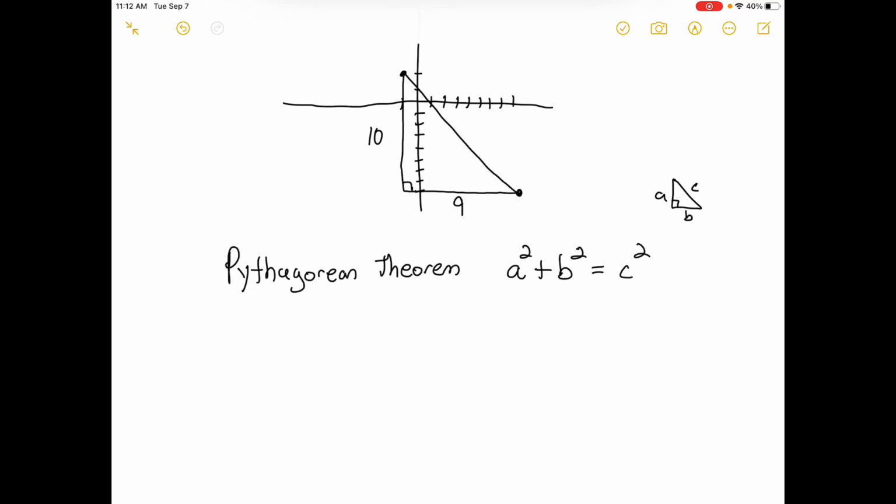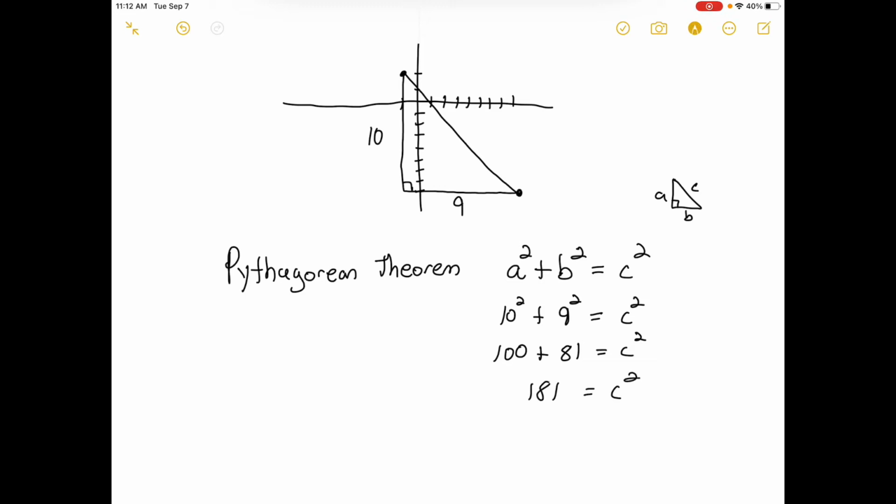So I'm going to square 10. Now I'll add it to 9 squared. 10 squared is 100. 9 squared is 81. 100 plus 81 is 181.